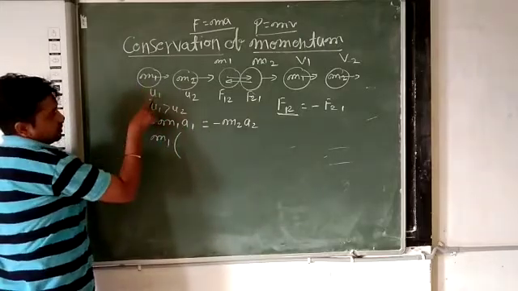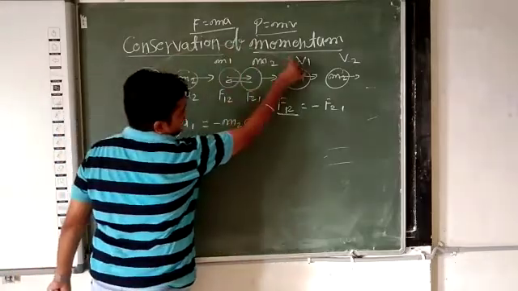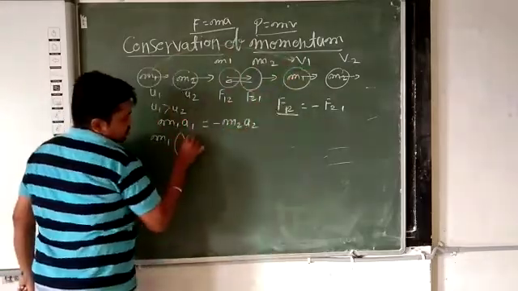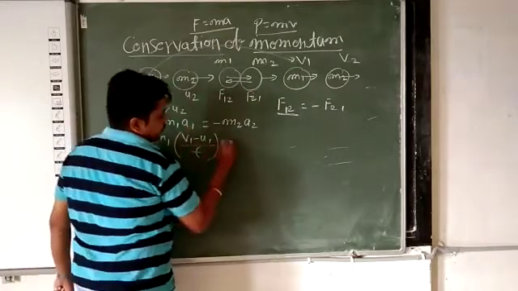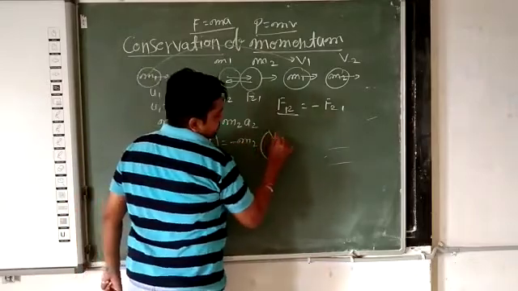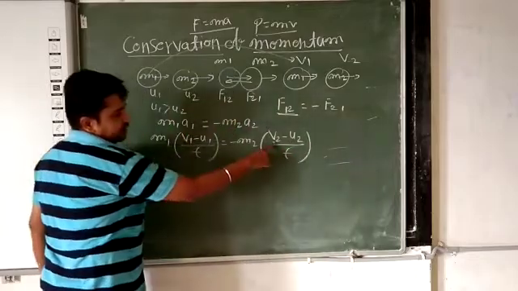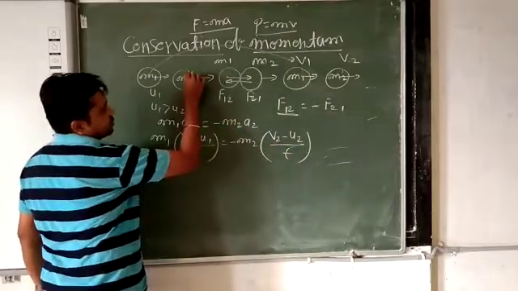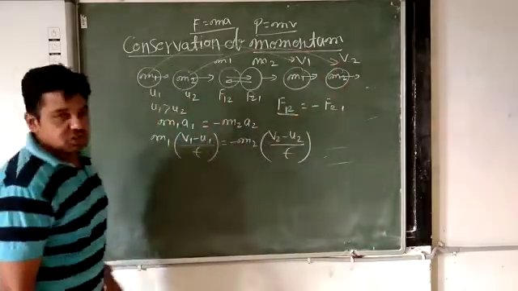What is the initial velocity of the m1 mass object? u1. After striking, its velocity is v1. So v1 minus u1 upon t is the value of a1, minus m2 times v2 minus u2 upon t. Here v2 minus u2 means the second object's initial velocity and its velocity change.